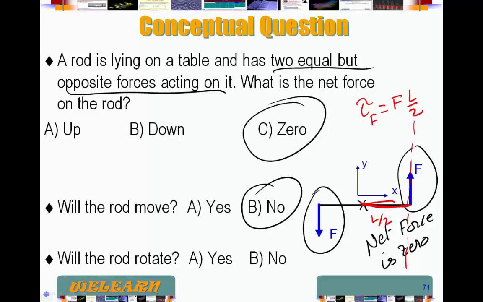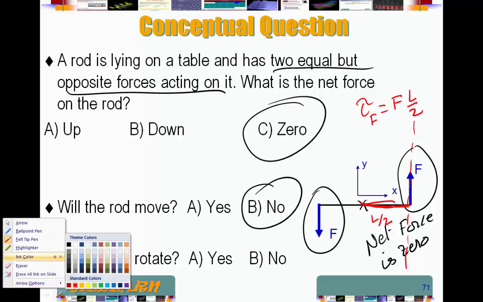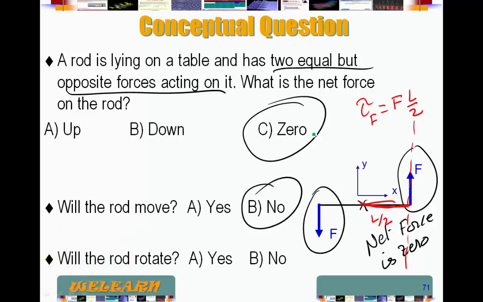Now let's consider the torque due to the second force. Let me choose another color. Now the line of action is this way. So this is my lever arm. So the torque due to the second F is going to be F times L over 2.